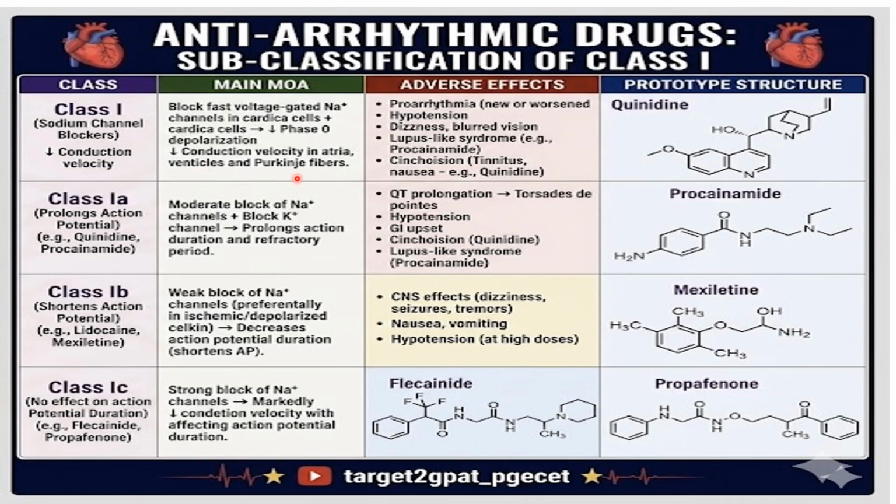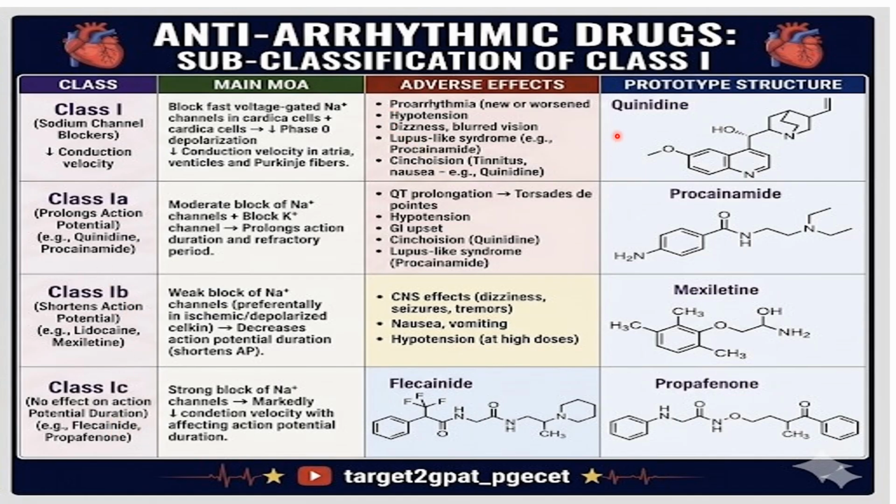The same part becomes the target of the class 1 drugs, and the best examples are quinidine and procainamide. Procainamide and quinidine come under class 1A. Class 1 is again subclassified into 3 subclasses, that is class 1A, 1B and 1C.